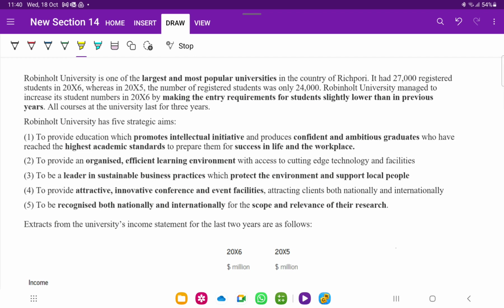Robin Hood University is one of the largest and most popular universities in the country of Richpuri. It had 27,000 registered students in 2006, whereas in 2005 the number of registered students was only 24,000.